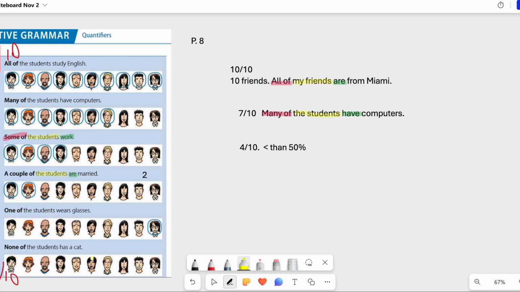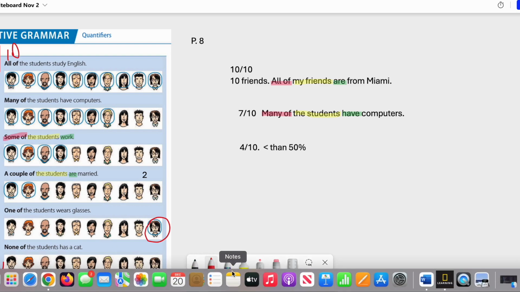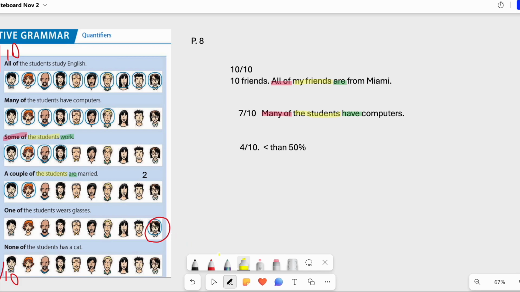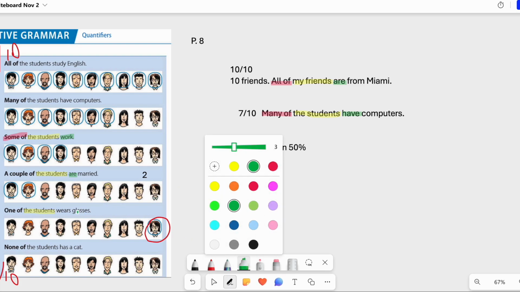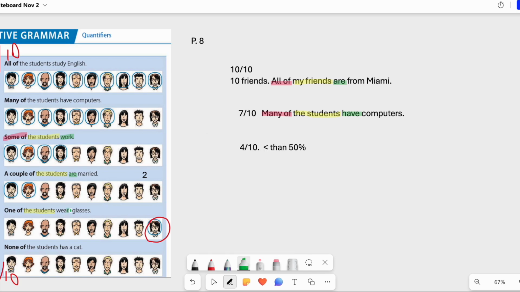Now, one of the students obviously is just one, right here, this person here. Okay? So you say one of, and as I said before, you use plural nouns, one of the students, and then in this case you use a singular verb, okay? Wears glasses, because it's only one here. It refers to this person here.